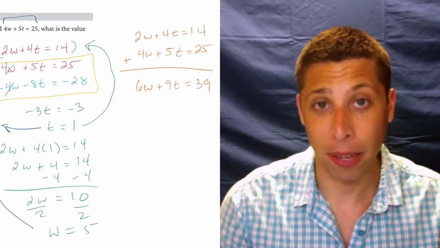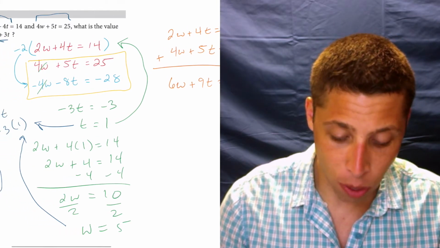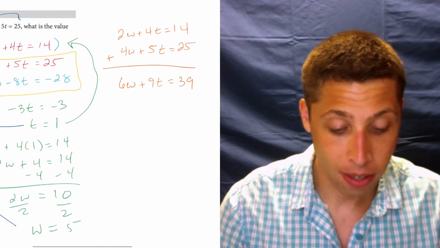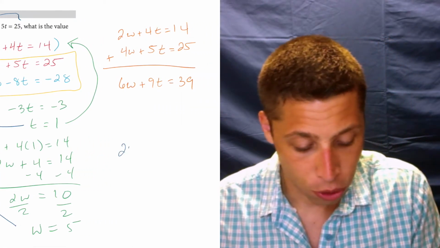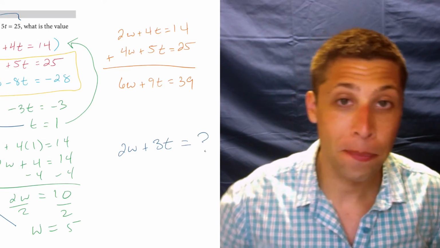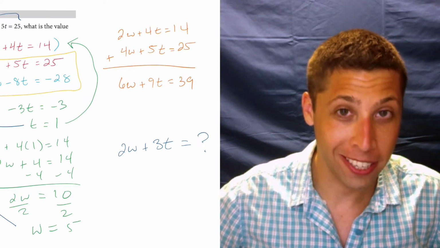Well, what does that get me? Seems random. Think back. What did we actually want to start? 2w plus 3t, right? 2w plus 3t equals what? Well, maybe you see it.